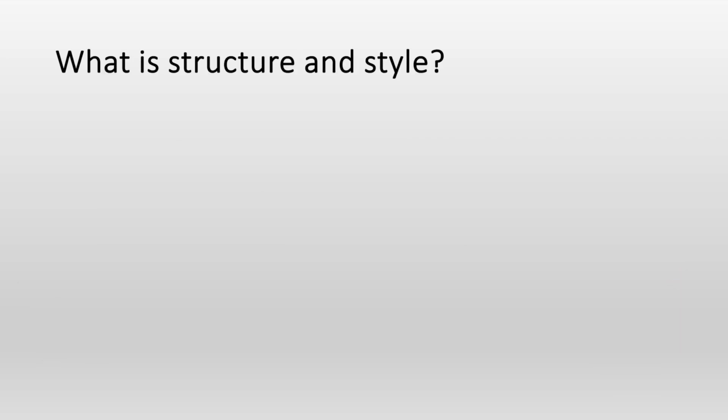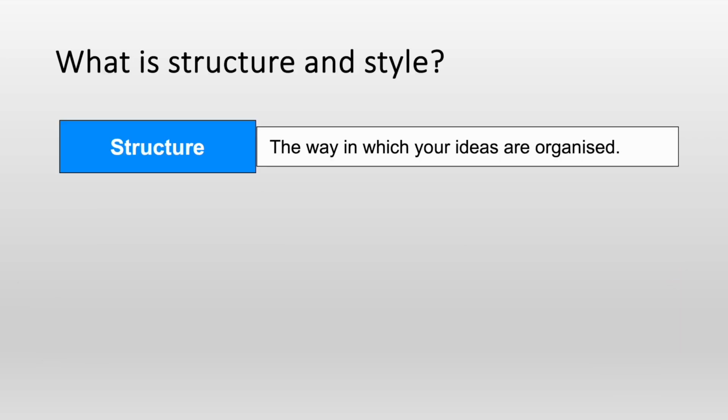What is structure and style? Well, structure is the way your ideas are organised in your academic writing, and they need to be logical. They also need to be easy to follow, so we can gauge what you're trying to say, and they need to be balanced. You need to be taking a look at both sides of the argument, pros and cons, strengths and limitations.